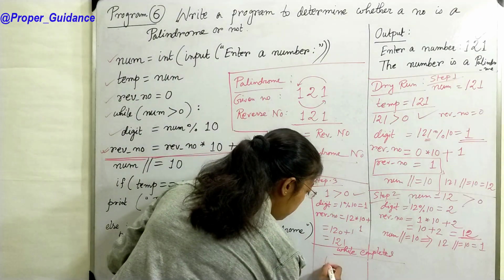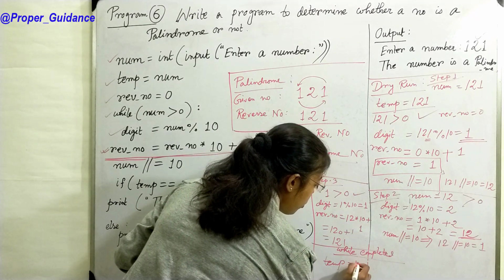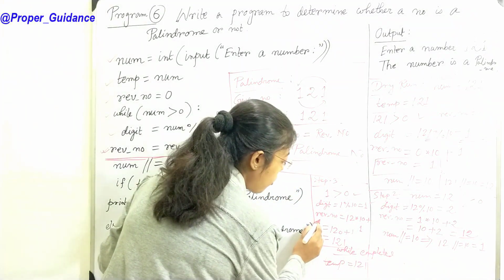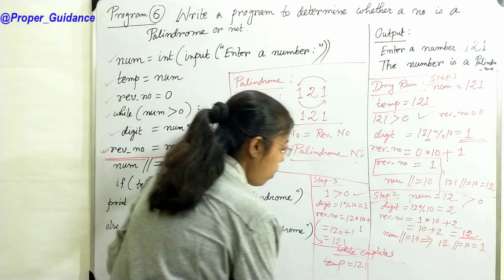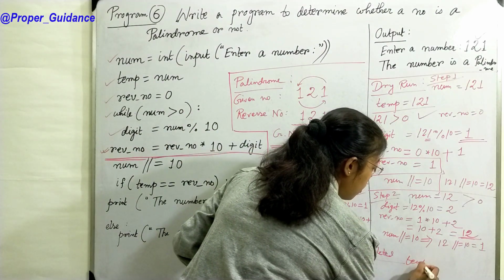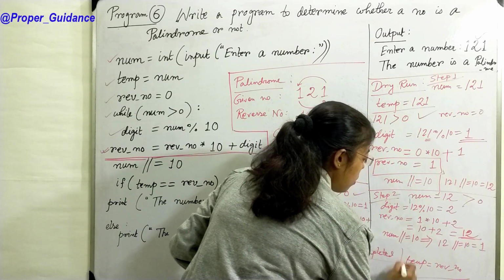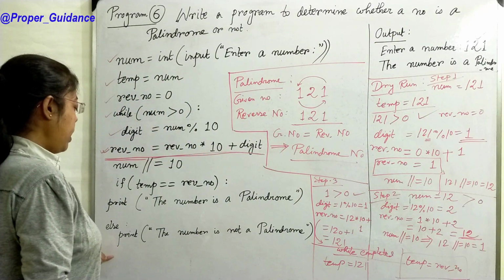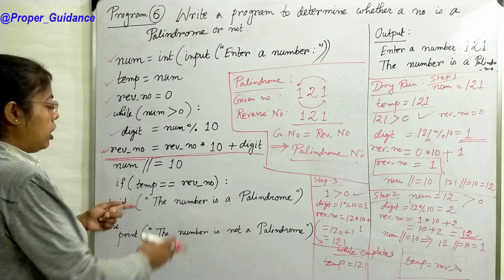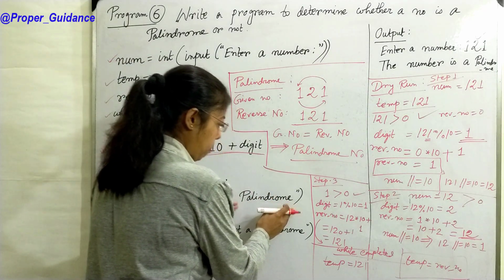Temp equals 121, as well as rev number equals 121. Both are equal. That's why it will print that the number is a palindrome.